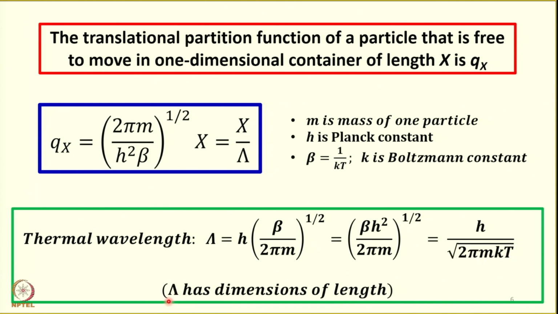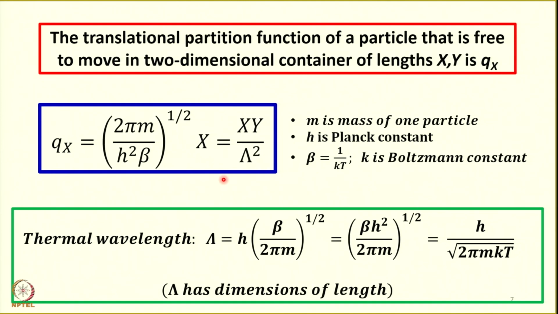And we already talked that lambda has dimensions of length. So Qx was written as x divided by lambda. We had this expression by using which the molecular partition function for a particle, for an atom, for a molecule can be obtained, which is free to move in a one dimensional container of a specified length.